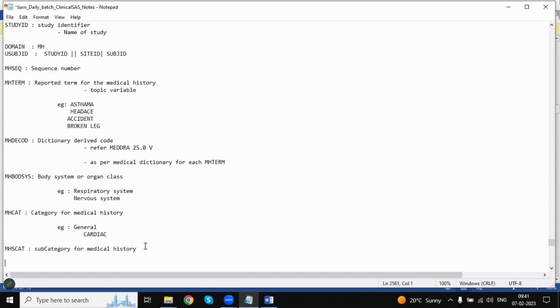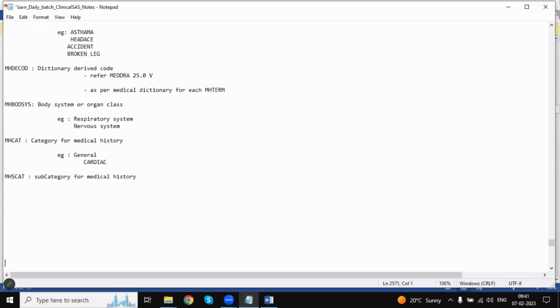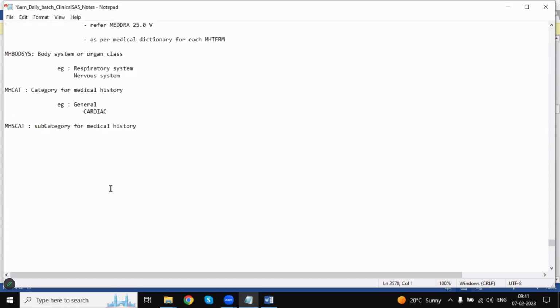And apart from these variables, you have some general and common variables: MH pre-specified and MH occurrence. These two variables always come together. That should also be discussed. Medical history event pre-specified. What is the meaning of pre-specified?